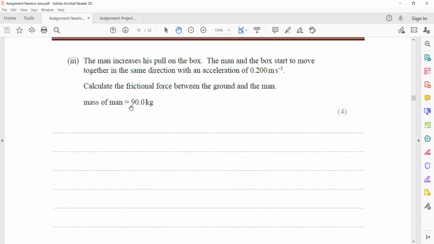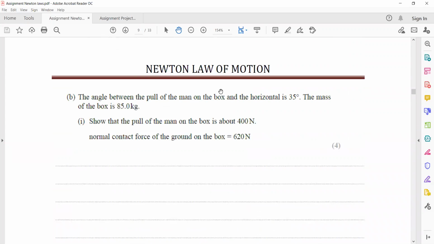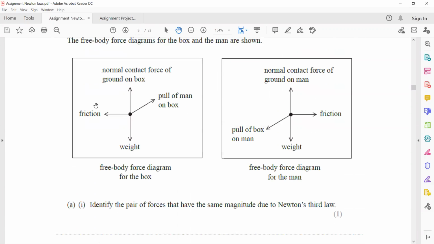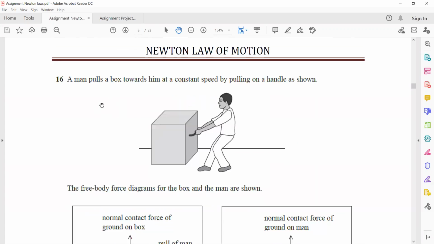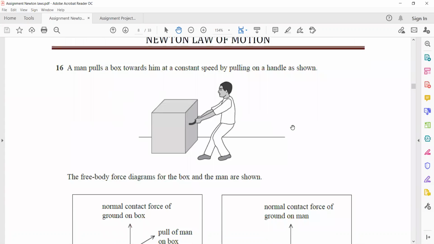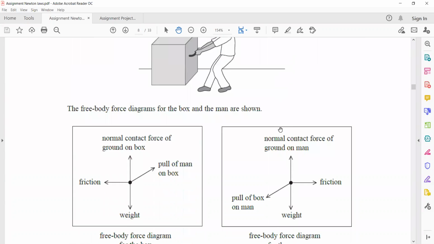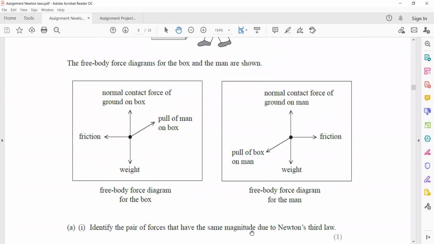In this question, page number 10, this is a continuation. A man pulls a box towards him with a constant speed by pulling on a handle as shown. So these are the forces which are given.